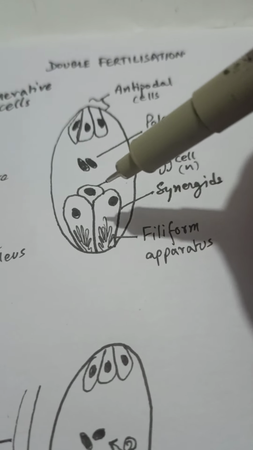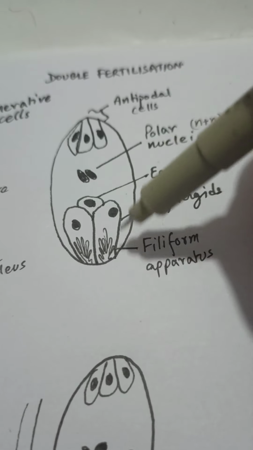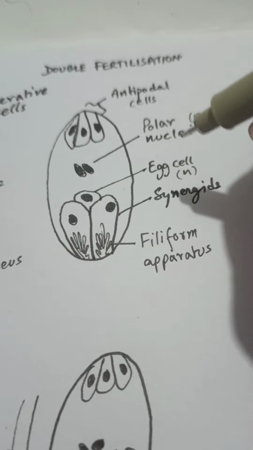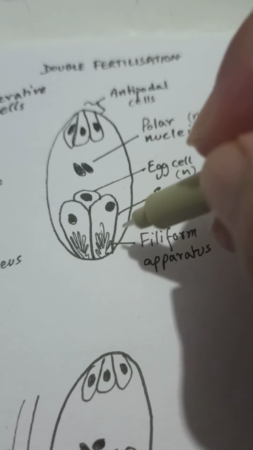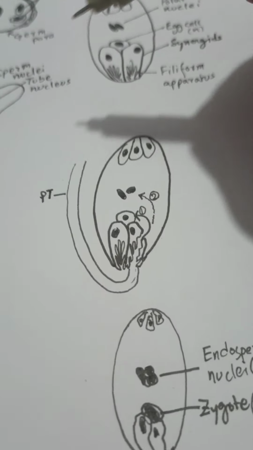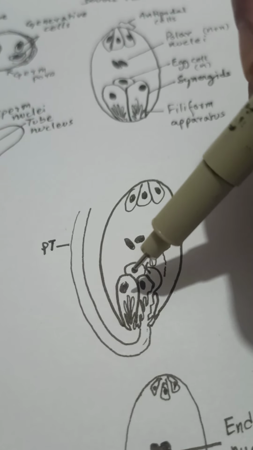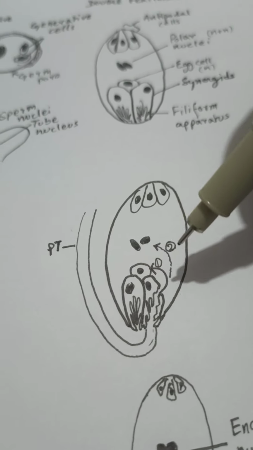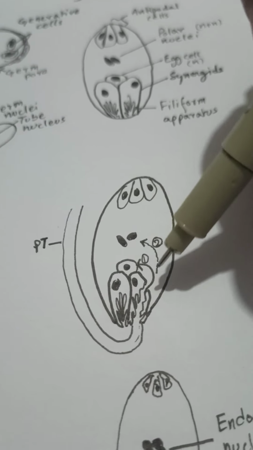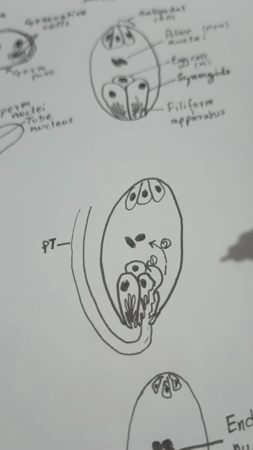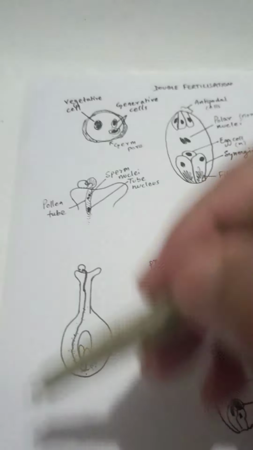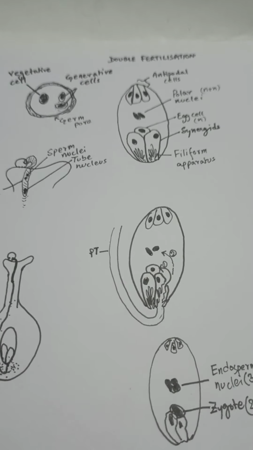The egg cell, along with the two synergids, is considered the egg apparatus. They are the main egg apparatus section. This gives the direct entry towards the egg, so it will go and fertilize it directly, and the other sperm nucleus will travel towards the central cell. That is how the process occurs.